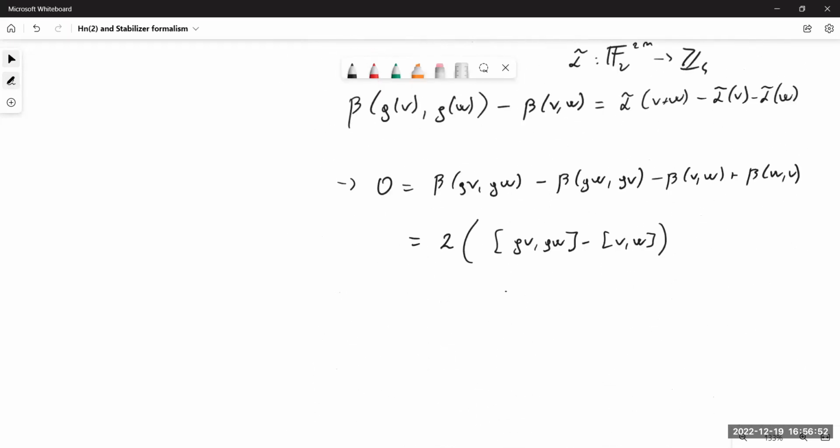And so this is telling us that G is a symplectic matrix on F2.